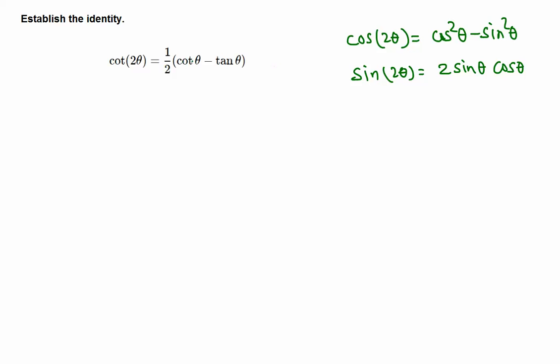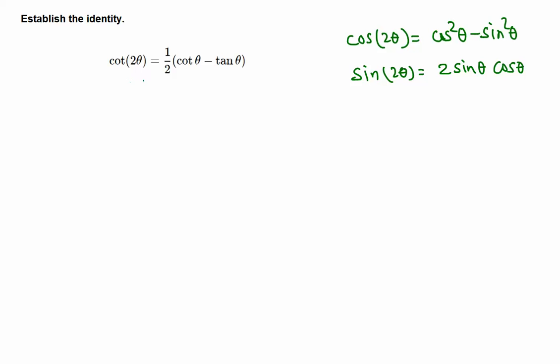If we take the ratio of cosine and sine, that will be cotangent. So let's start from the right hand side and hope we get cosine squared theta minus sine squared theta on the top and 2 times sine cosine on the bottom. Then that will be cosine over sine, and cosine over sine is cotangent.